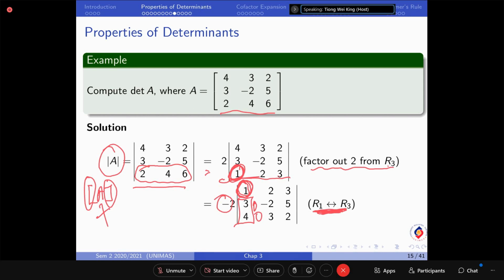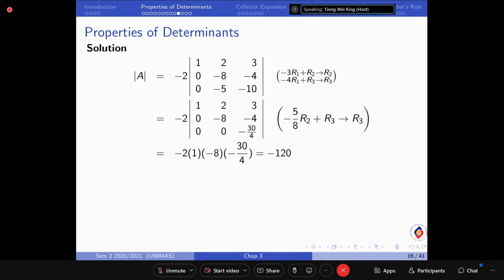To do that, we need these two row operations. If you apply these two row operations, then you get 0 here, 0 here, and a new value for row 2 and row 3. And remember, when you do this row operation, there is no change to the determinant. The determinant value is still the same.